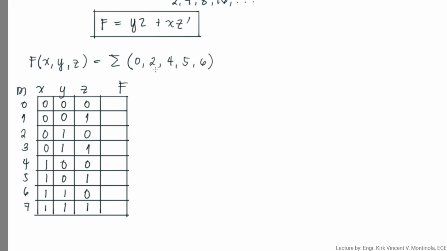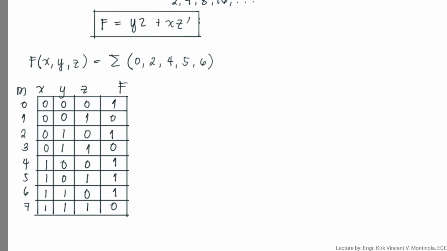Okay, then the function would be logic high at M equals to 0. So this is 1. M equals to 2, M0, M2, M4, then we have M5, and then we have M6. So we have 5 outputs of logic 1, 1, 2, 3, 4, 5. So the rest is logic low or 0.